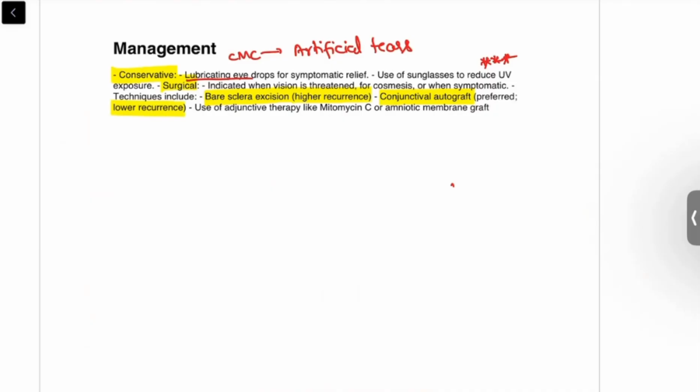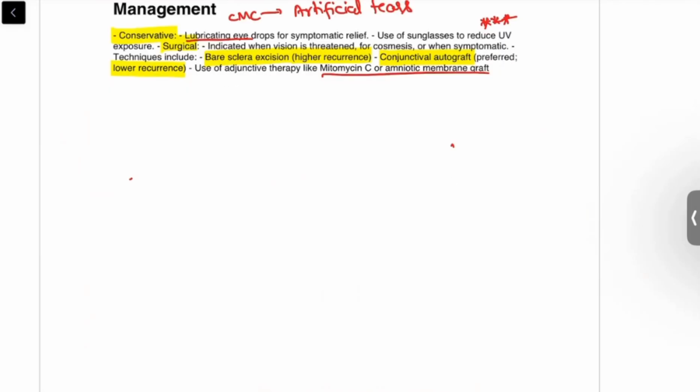Also, adjunctive therapy like mitomycin C and amniotic membrane graft can be used. Basically, we will remove this pterygium which is growing, and after removing it, we will have to cover that bare area with a graft. For that, we will use a conjunctival autograft or amniotic membrane graft.